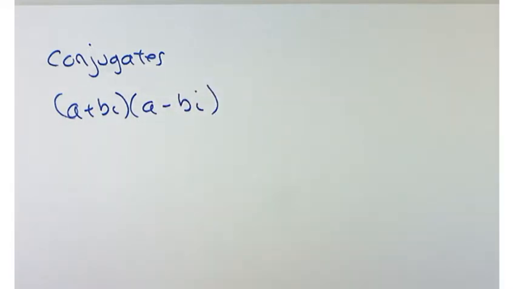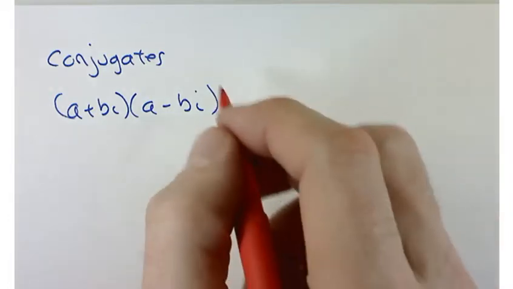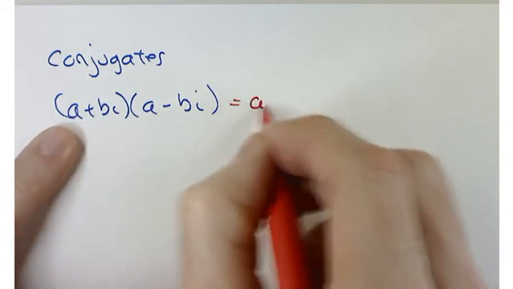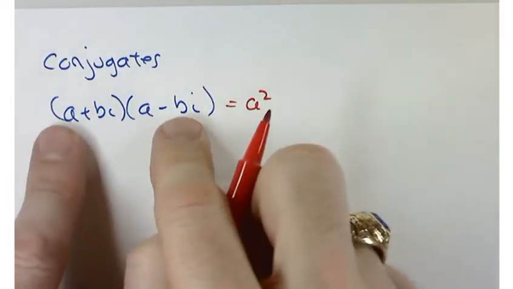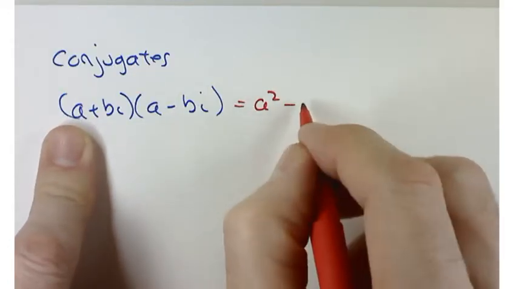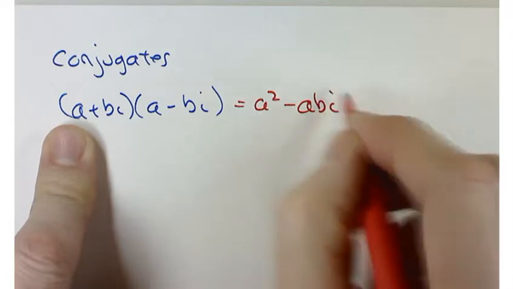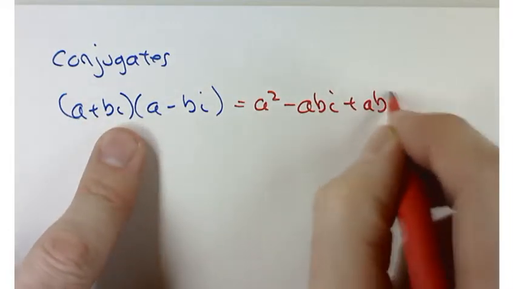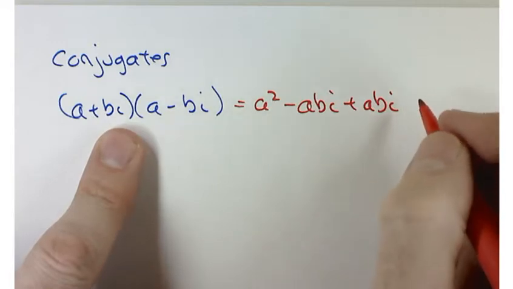Let's FOIL those things out together, because something special is going to happen here. A times a is going to be a squared. How about the outside terms? What will I get there? Minus abi, good. Plus abi, good. And someone else for the last term.